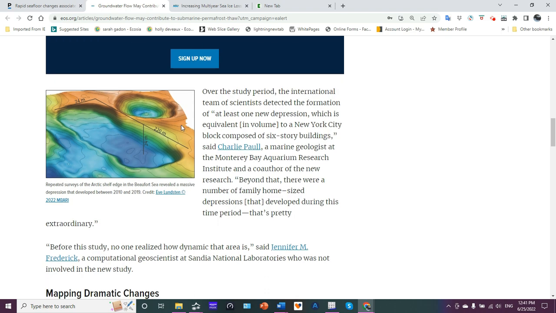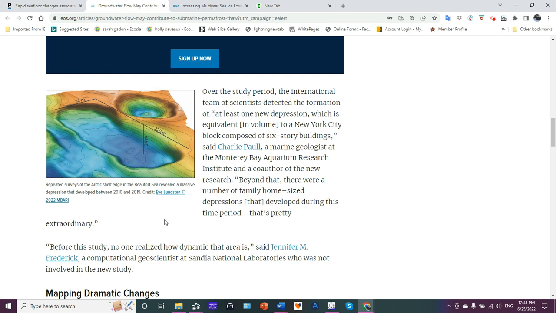And let's see if I can't really enlarge this. Okay. Repeated surveys of the Arctic shelf edge in the Beaufort Sea revealed a massive depression that developed in this 10-year period. And you can see it outlined here. 74 meters seems to be the width, 220 meters the length, 24 meters in depth.